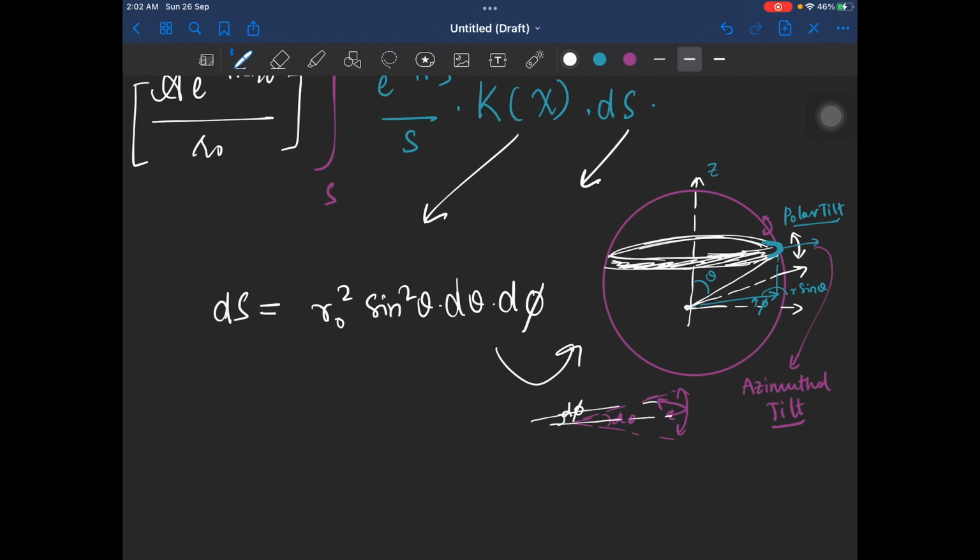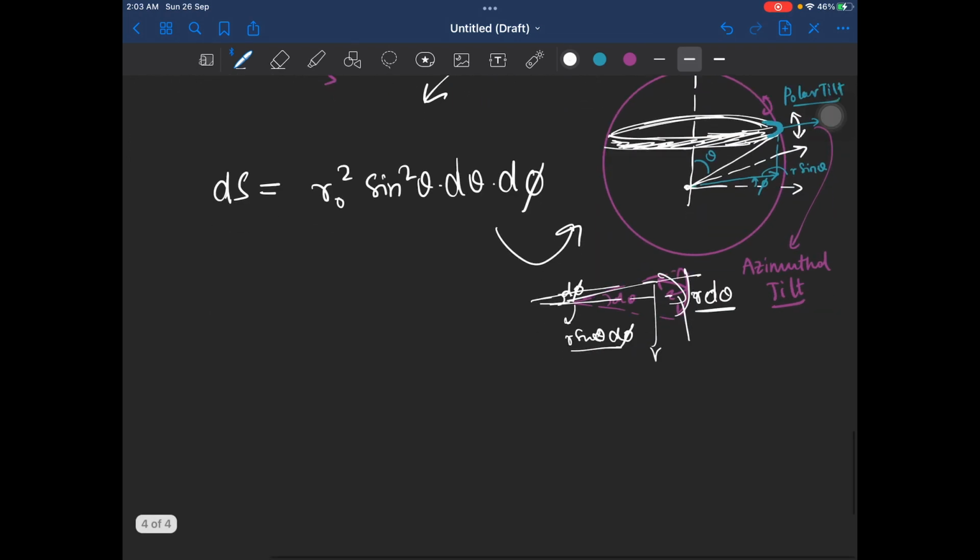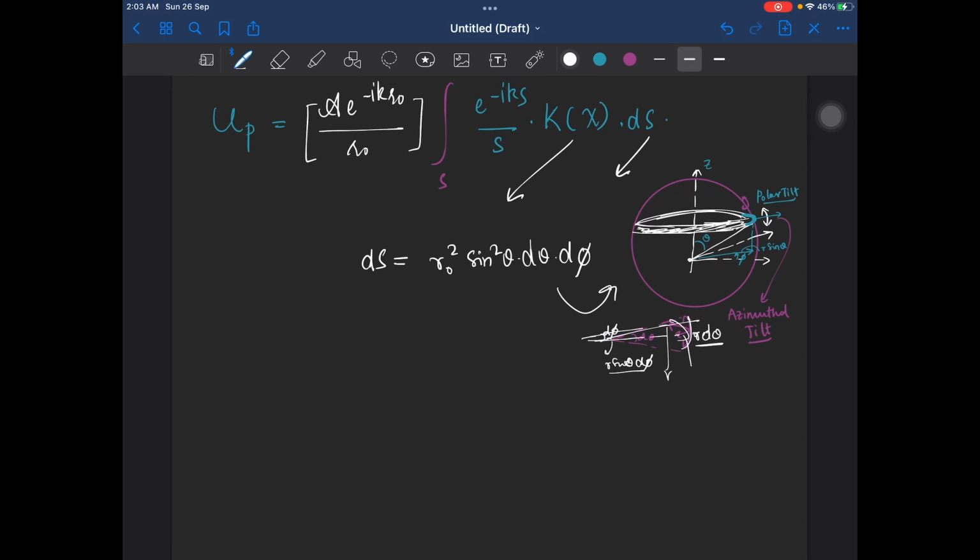This is r sin theta, this is our d theta. So d phi. Yeah, basically. The length is that. This length is r. Yeah, this is our sin theta d phi. Something like that.